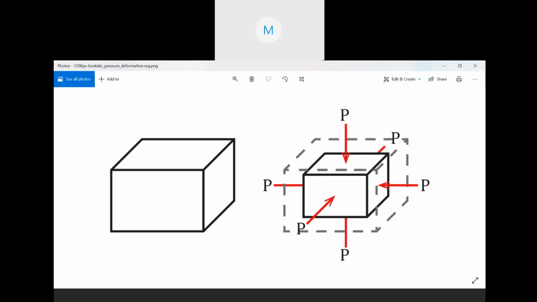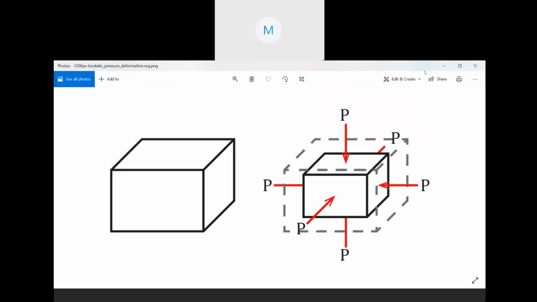Suppose I'm showing you a diagram now. Wait, give me a minute. Can you see this image?